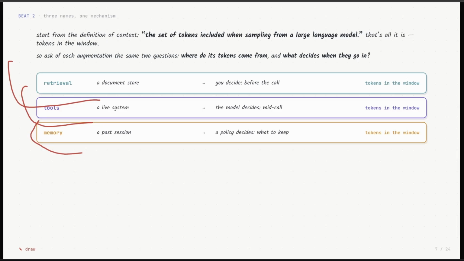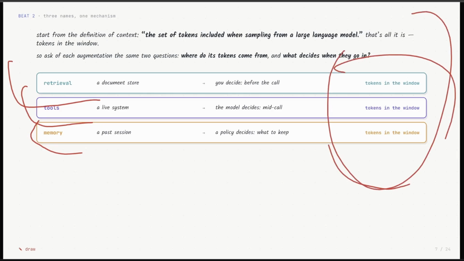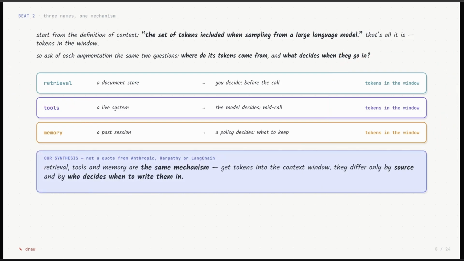One thing that you need to remember is that they all end up tokens in your window, and that's very important for us because here you need to understand that this is a very delicate art. So the capacity to control, to differ the source and control what gets inputted as in your context window for your model is a very delicate art that needs training.